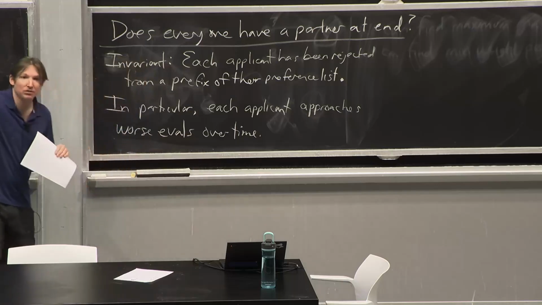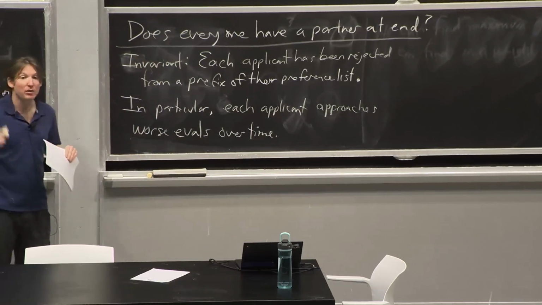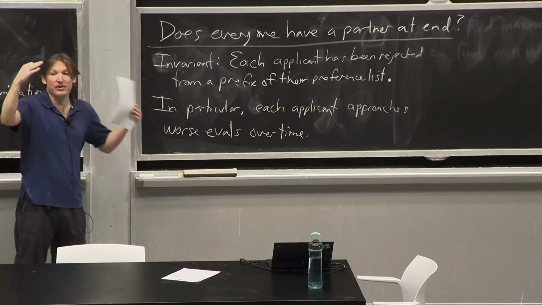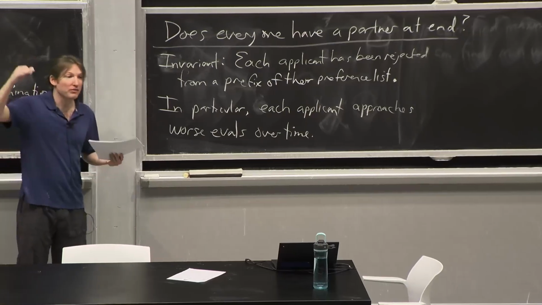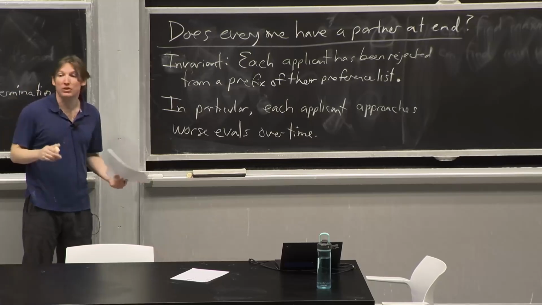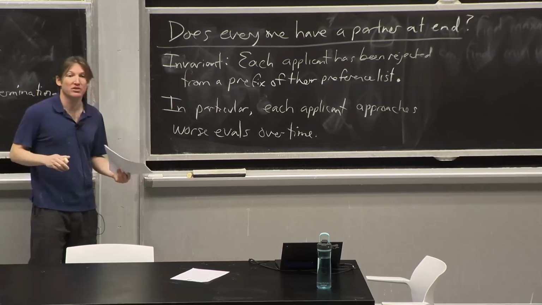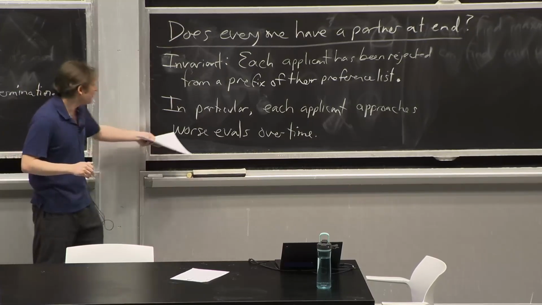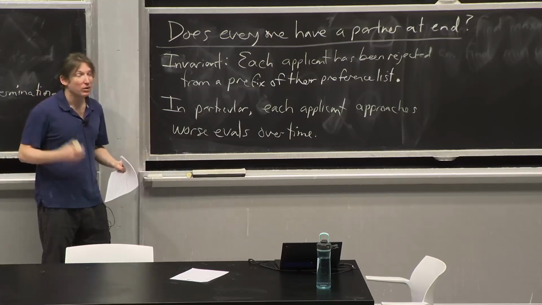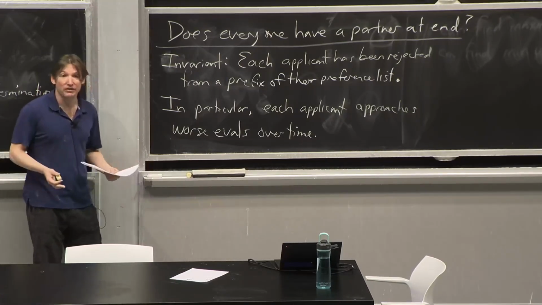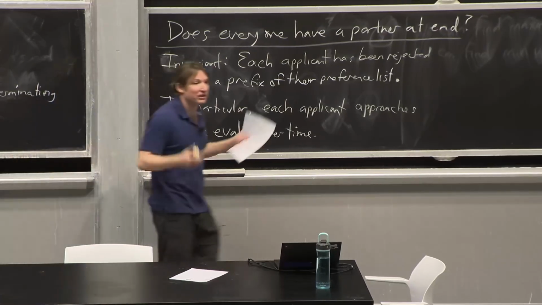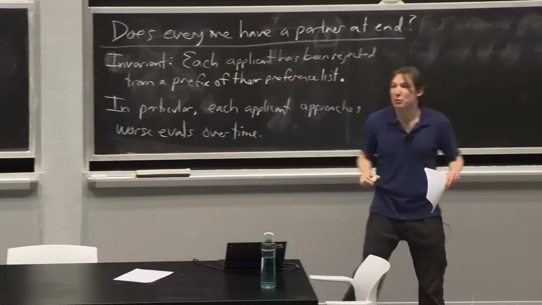Since applicants always go down their list from the top, they're always approaching their favorite evaluators every time they can. And if they're ever rejected, they have to go to someone worse. And if they're rejected, they have to go to someone worse again. So the evaluators that they're approaching only ever get worse over time, or stay constant if they're not rejected that day, but they never get better. So applicants' prospects only ever get worse.